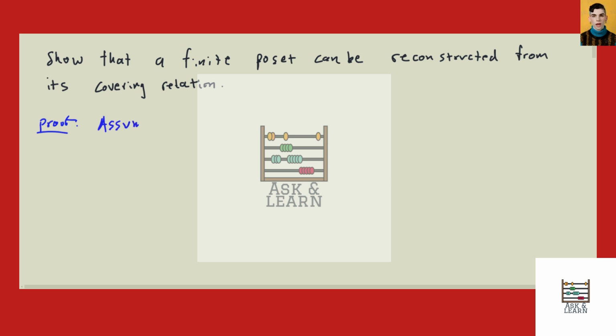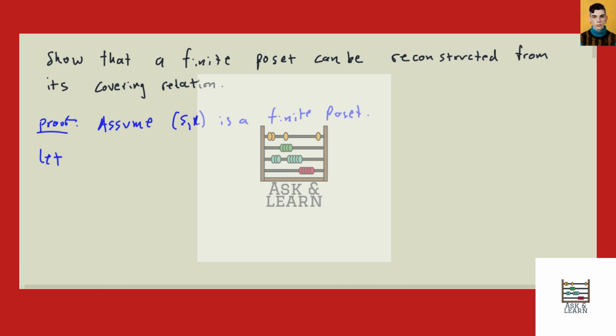So the first thing we should do is assume that (S, R) is a finite poset.